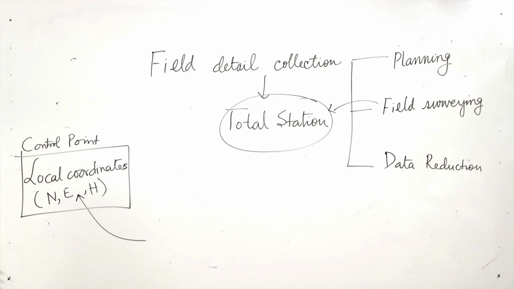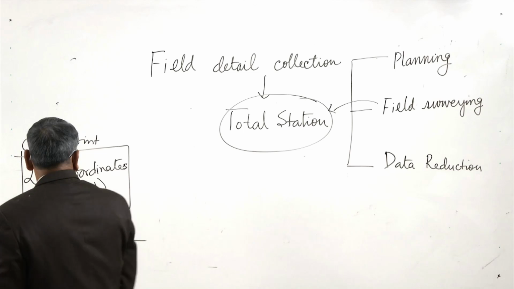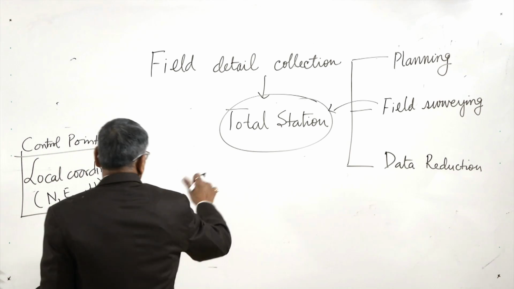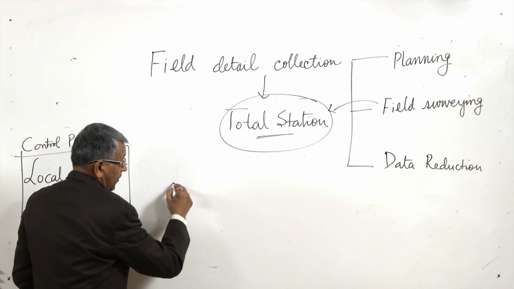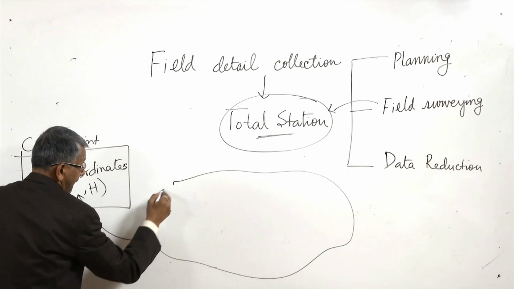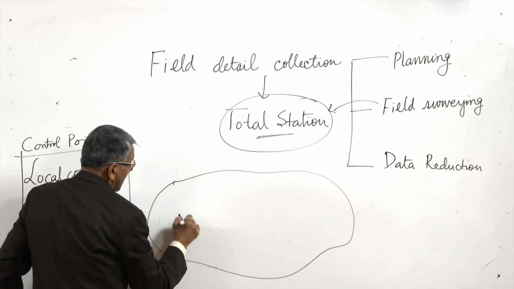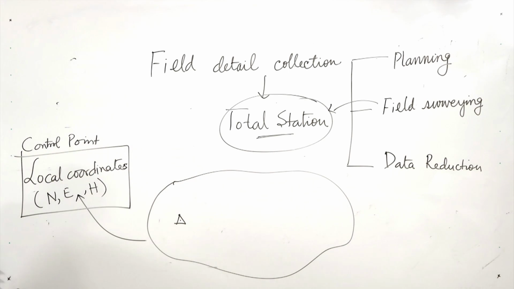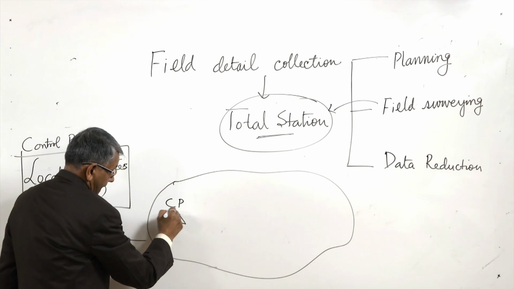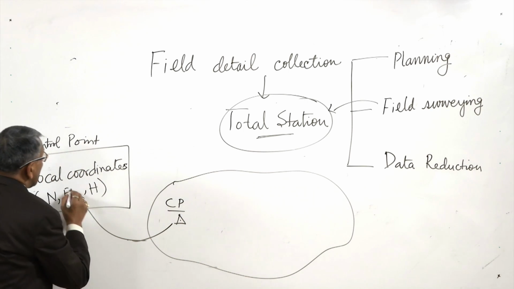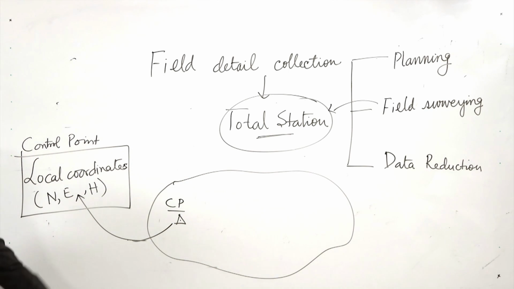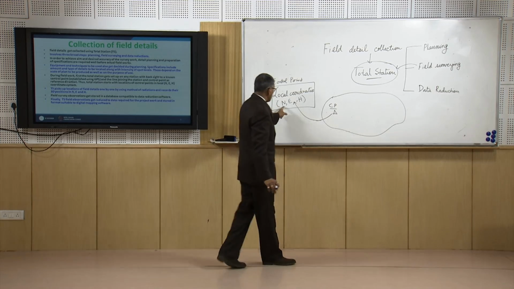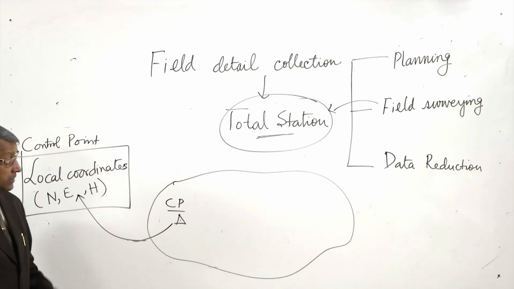Now, to start with the total station, suppose this is the area and this is the control point, whose location we have found out by using GPS in terms of north, east and orthometric height.